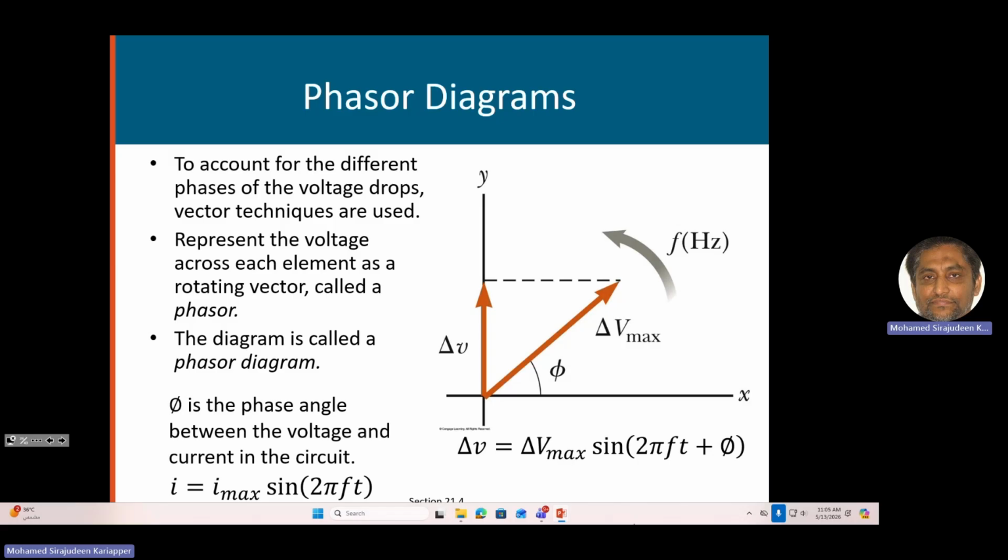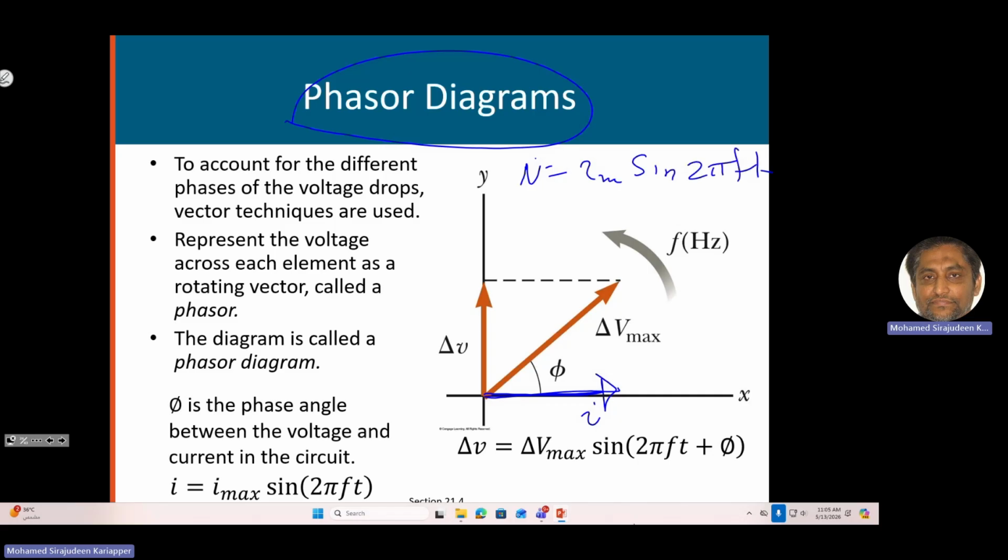To figure this out, we use a technique called a phasor diagram. We saw it with the animation, if you remember. The current, its maximum value, we represent by an arrow, say this is the current at t equal to 0, where I is equal to I maximum sine 2 pi f t.